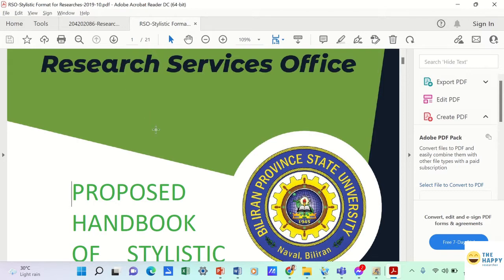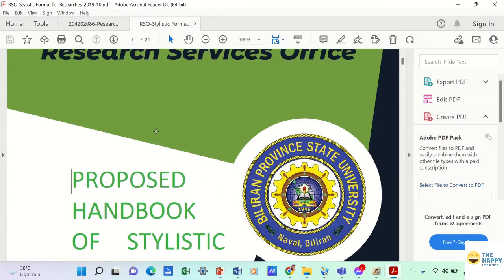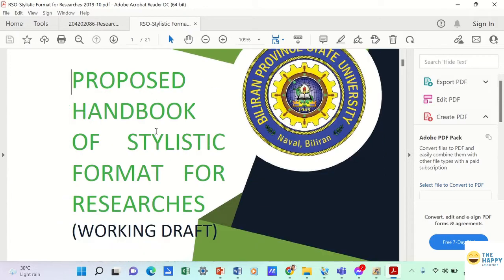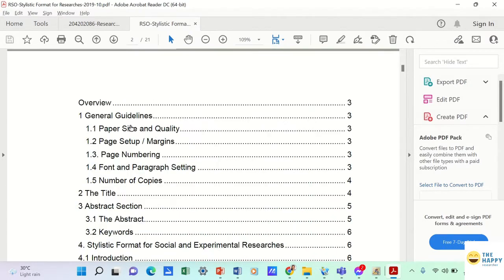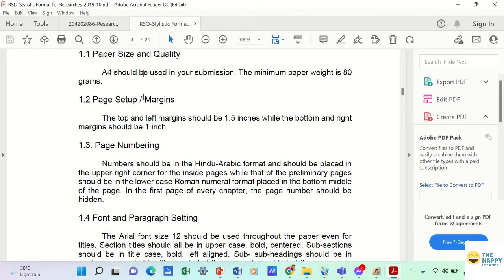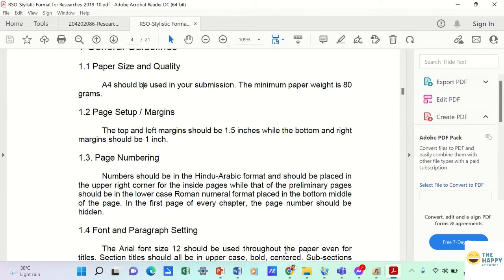First off, you have to take hold of your stylistic format, or the format that your school uses. In Biliran Province State University, we have this board approved stylistic format, which serves as a guide for you in the formatting and the parts of making a research paper.